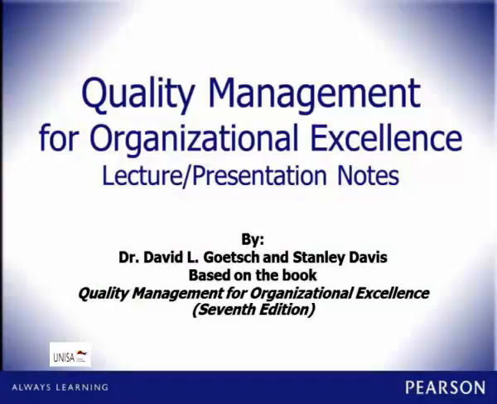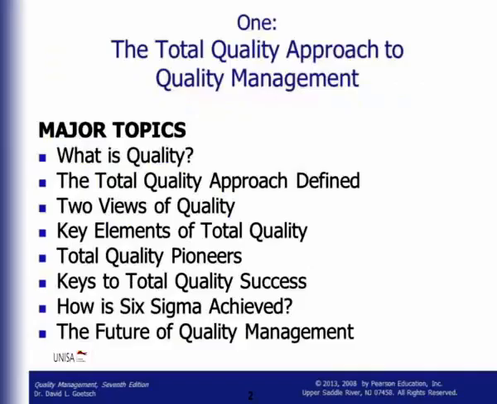I would like to also give you a rundown of what this program is all about. So we're basically looking at quality management for organizational excellence, and I'm going to share with you some of the PowerPoints that has been developed for this program. So we're talking about Chapter 1, which is the total quality approach to quality management.